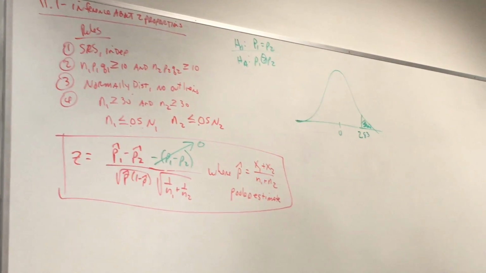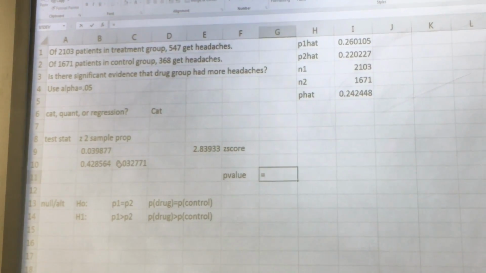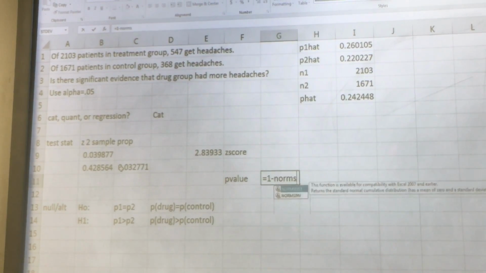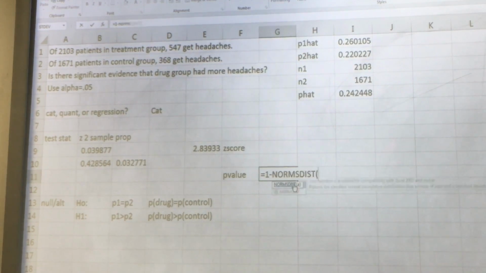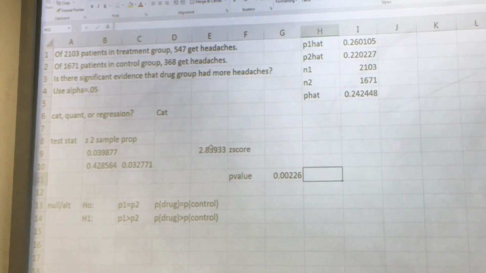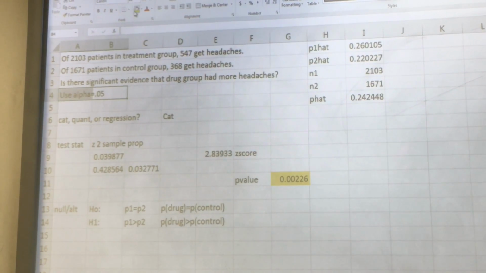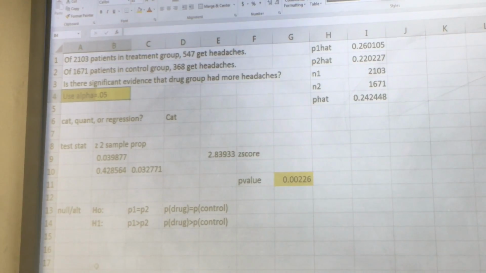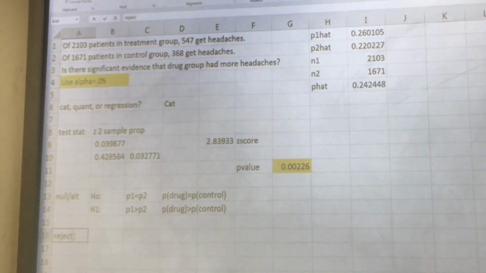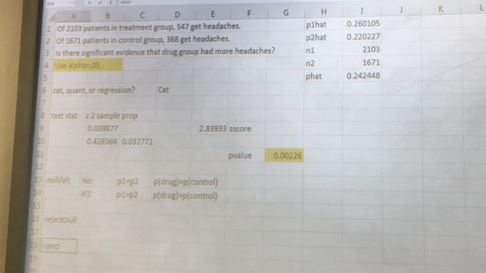So I need to figure out my p-value, which equals 1 minus normalcdf of that, which gives me a p-value. I'm going to compare my p-value with my alpha, and that means reject the null.